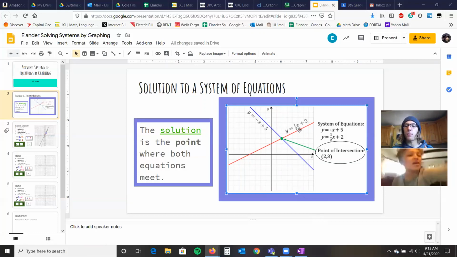So they could be a system of equations, but if they never touch, then there's no solution. And if it's the same line, one line right on top of the other, then it's infinitely many solutions. Because they hit here, they hit here, they hit here, right? It's all on the same line.